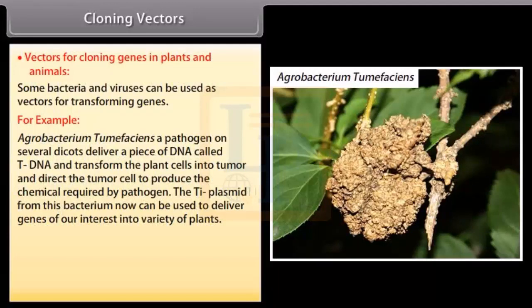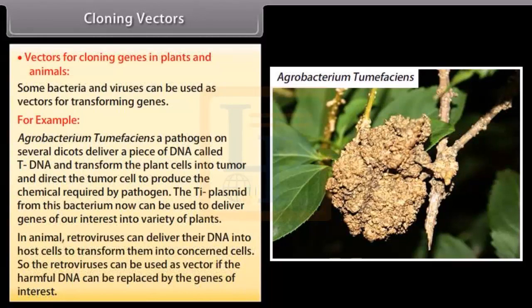The plasmid from this bacterium can now be used to deliver genes of our interest into a variety of plants. In animals, retroviruses can deliver their DNA into host cells to transform them into cancerous cells. So, retroviruses can be used as vectors if the harmful DNA is replaced by the genes of interest.